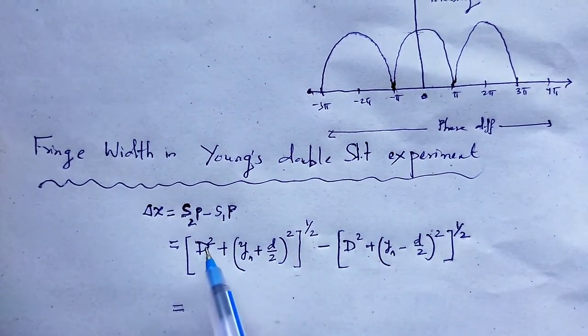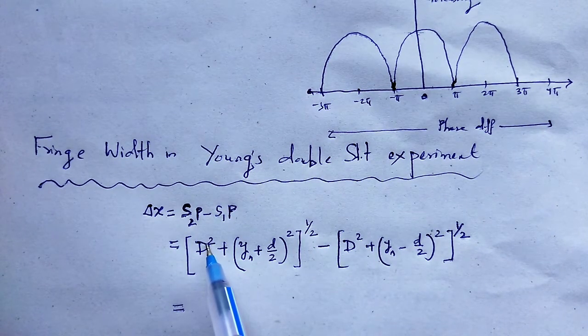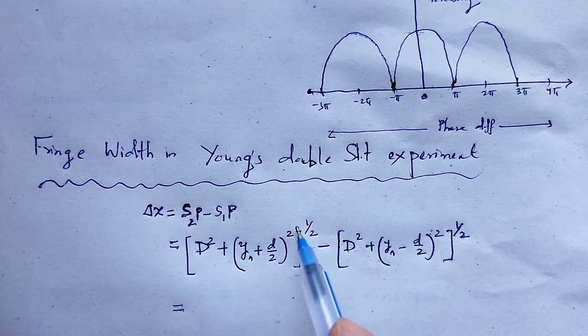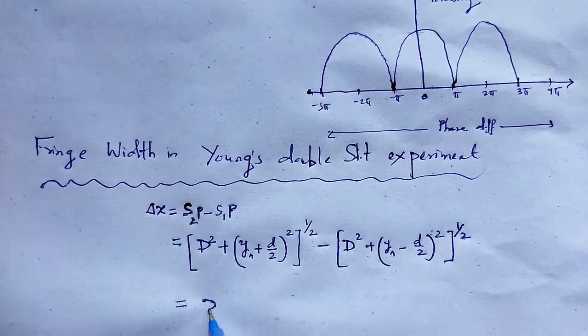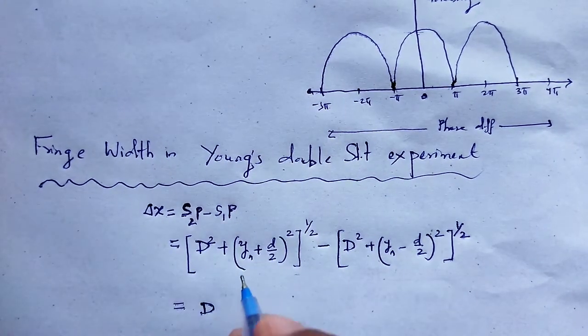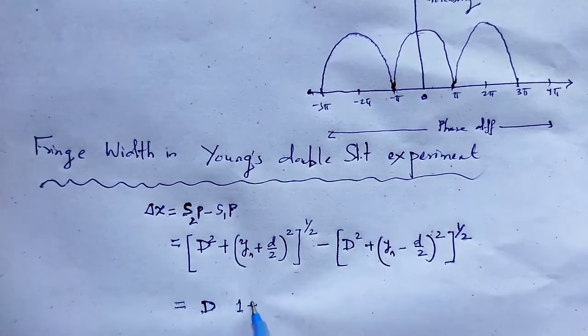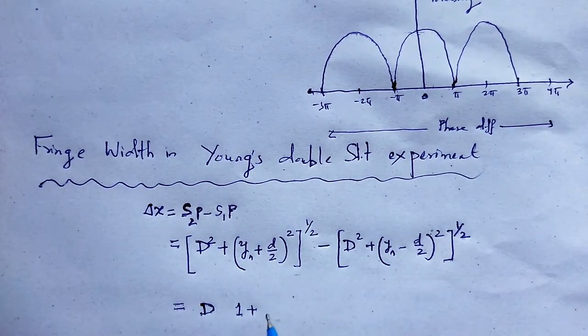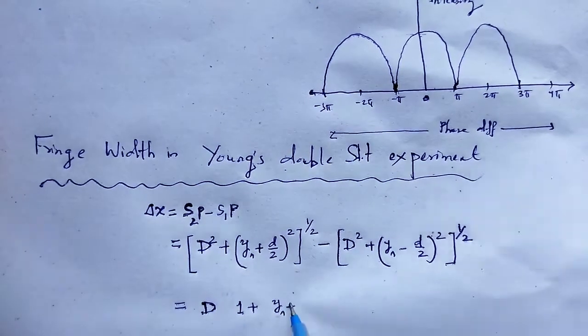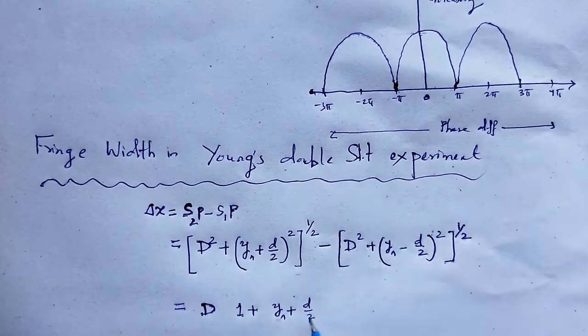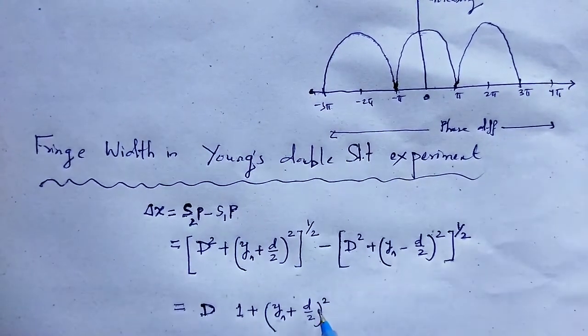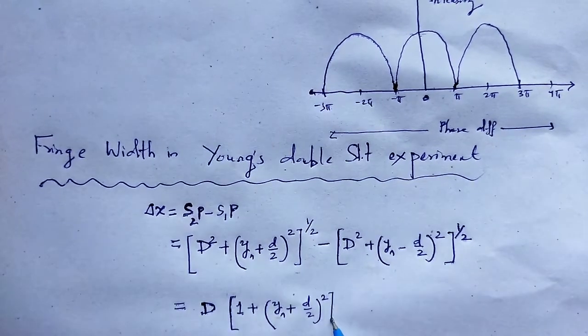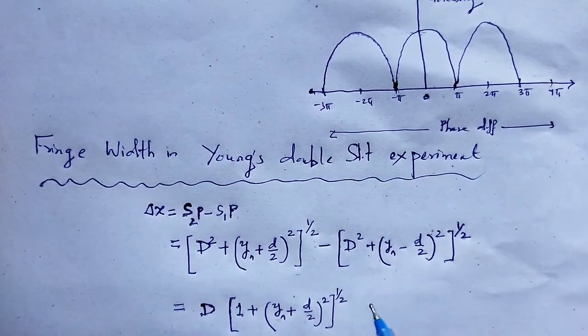Taking d square as common, d square under root, so d comes outside, and inside the bracket it will be 1 plus yn plus d by 2 whole square, under root.